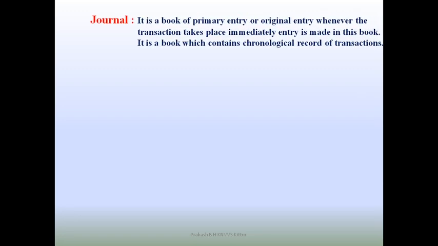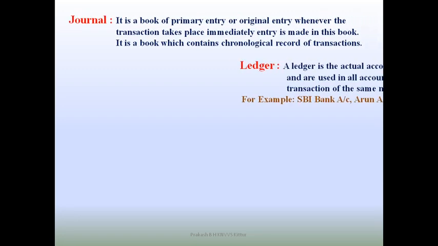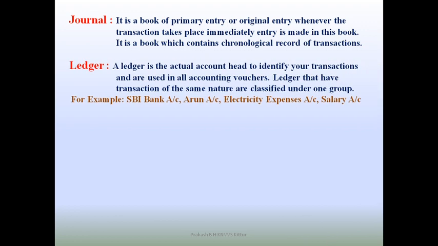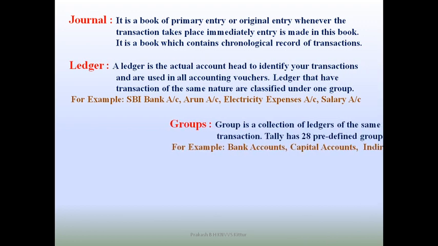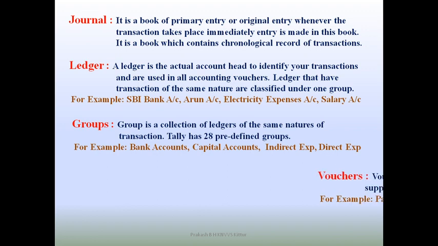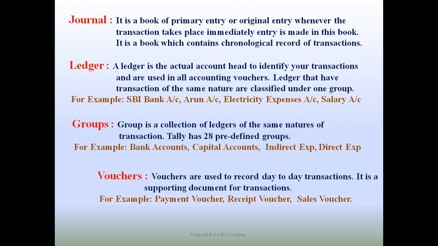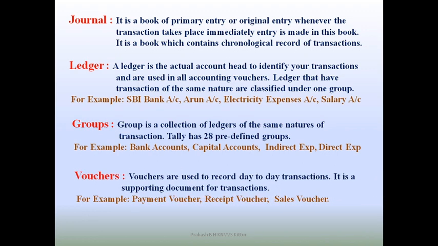Before going to solve the case study, first we have to know about the journal, ledger, groups and vouchers. Journal is a book of primary or original entry. Whenever a transaction takes place, immediately an entry is made in this book. It contains the chronological record of transactions.